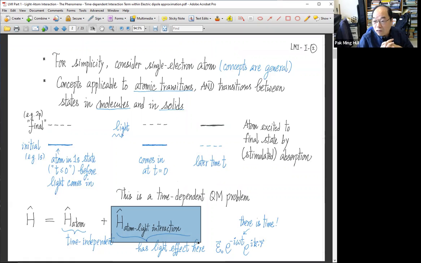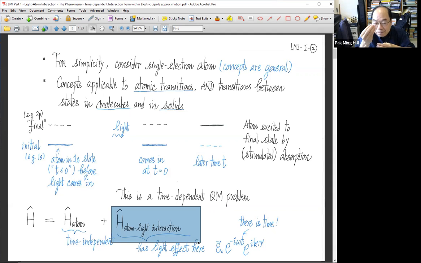What does it involve? It must involve 2 things. Some variables of the atom, more explicitly, some variables related to the electron in the atom. That is the matter part. And then the E field of the EM wave. That is the light part.